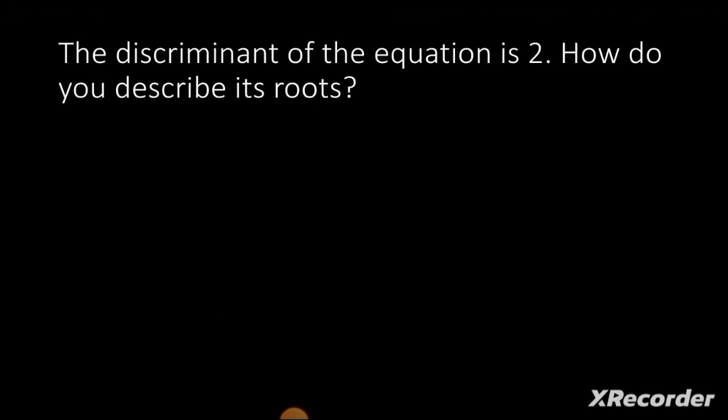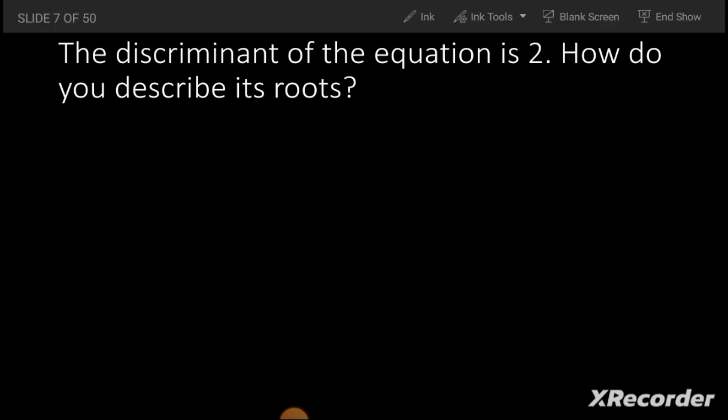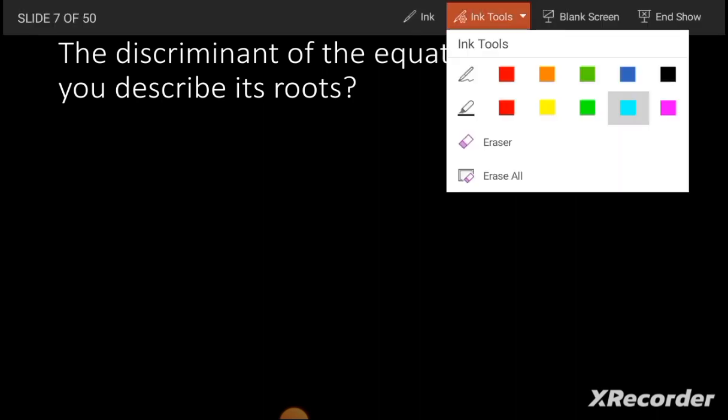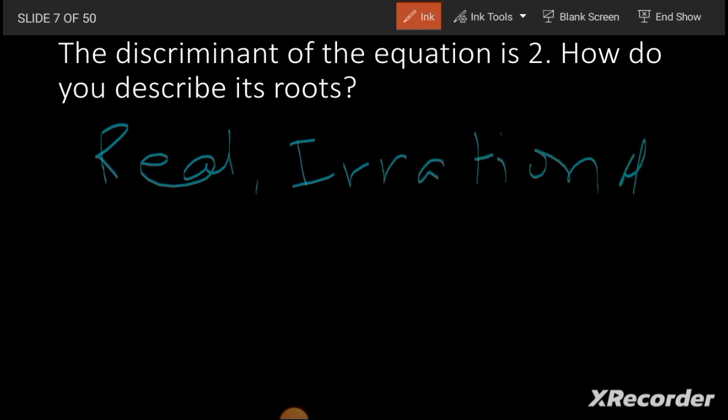Okay, now let's move on to the next question. The discriminant of the equation is 2. So how do you describe its roots? Since 2 is not a perfect square but it is greater than 0, the nature of the roots are real, but they are irrational, and at the same time they are not equal.